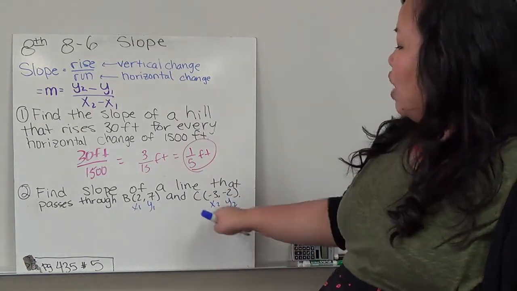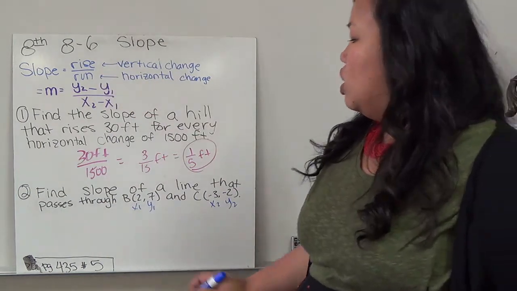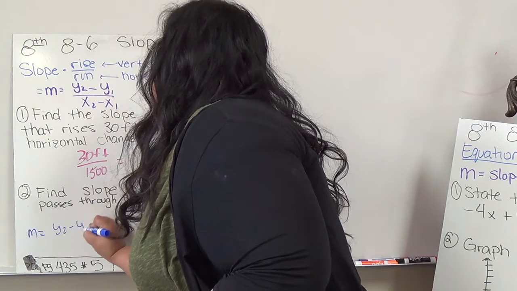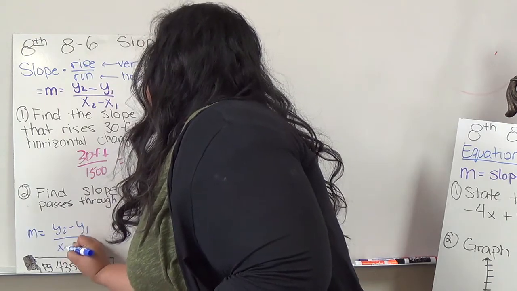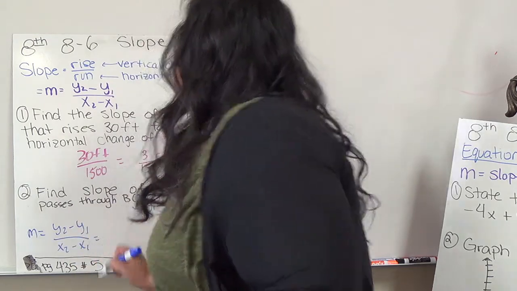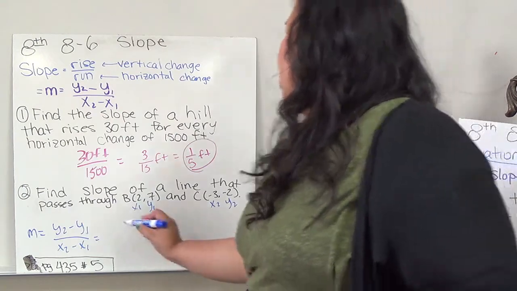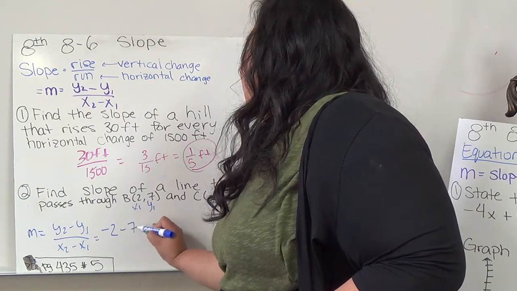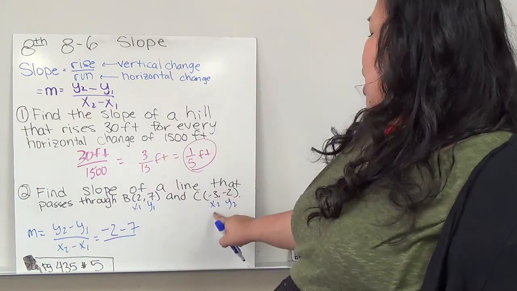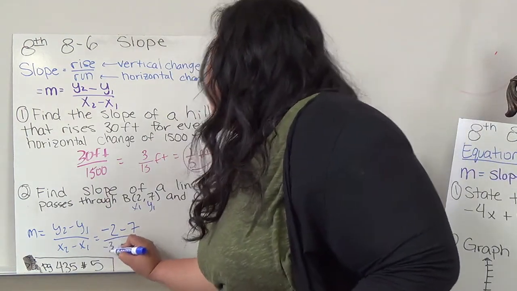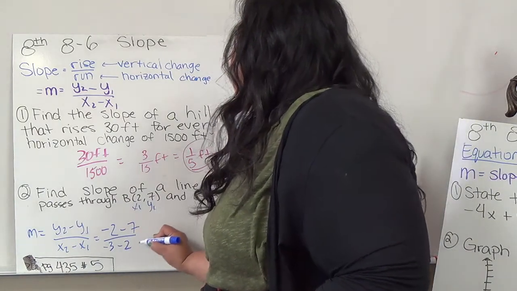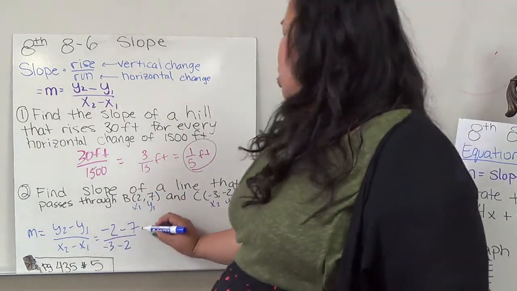Once I've labeled that, I just plug it into my slope equation, y2 minus y1 over x2 minus x1. y2 is negative 2, y1 is minus 7. x2 is negative 3, and x1 is minus 2. Well, x1 is 2, but I do minus 2.